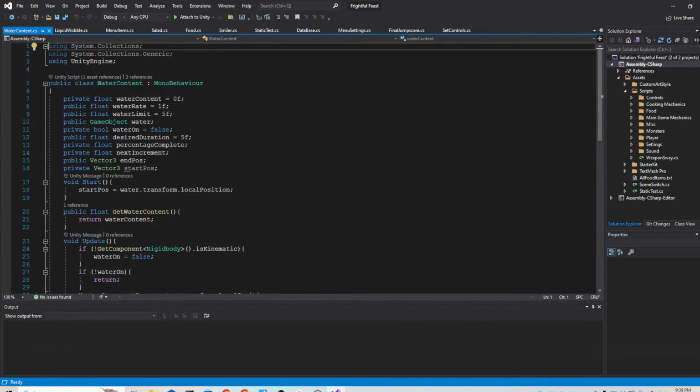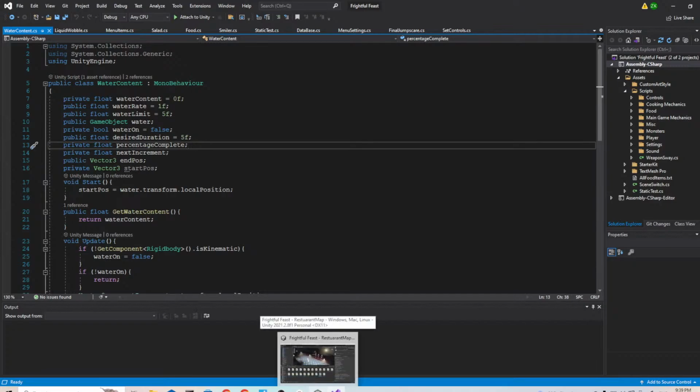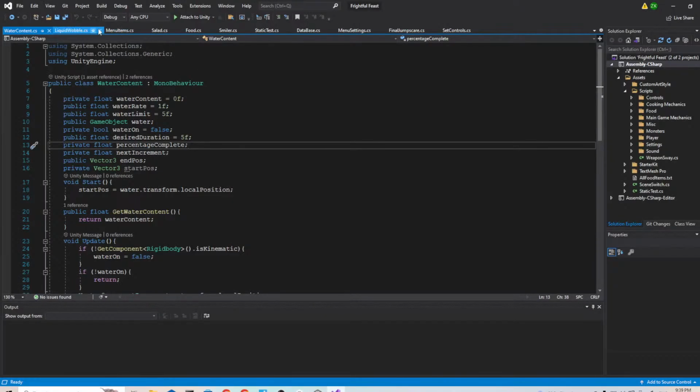Side duration, that can all stay. That's on the pot though, so we'll just have it in its own separate script. Okay, we'll close these scripts down.